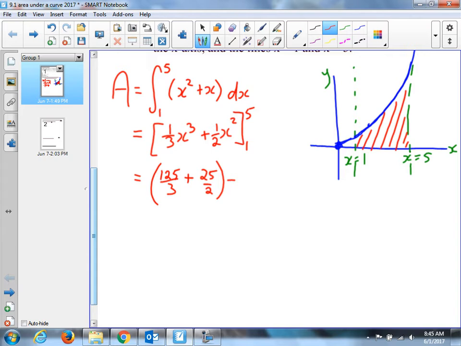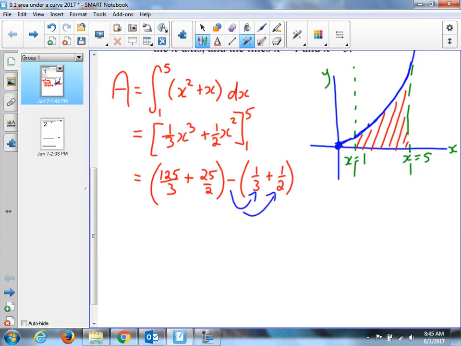Subtract, well, 1 is way easier to use. 1 cubed and 1 squared is 1. I put the bracket there just so I don't forget, and that's the most common arithmetic error, is forgetting to distribute the subtraction if you have a number of things.